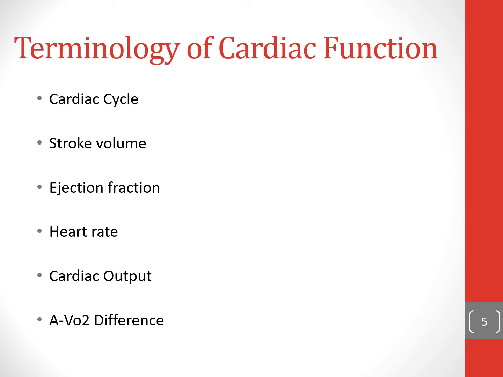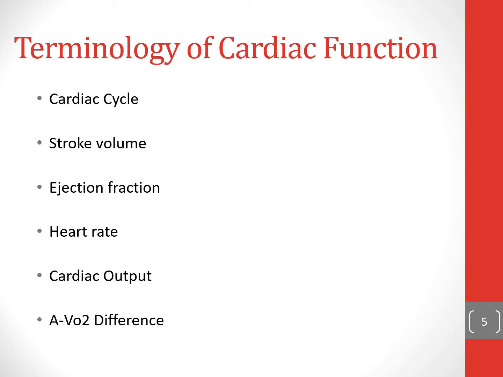Okay. Stroke volume is the amount of blood ejected in one single contraction. Ejection fraction has to do with the percentage of blood that is ejected in one contraction in comparison to the amount of blood that was in that chamber to start with.